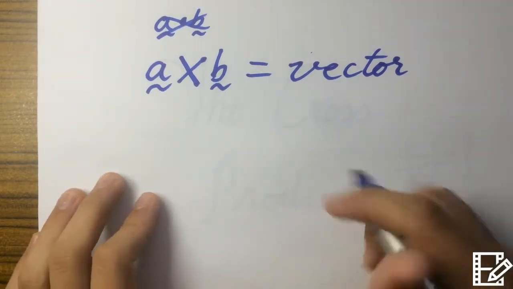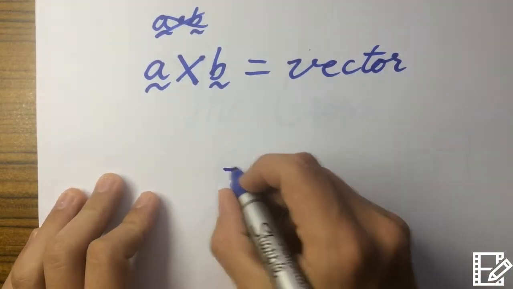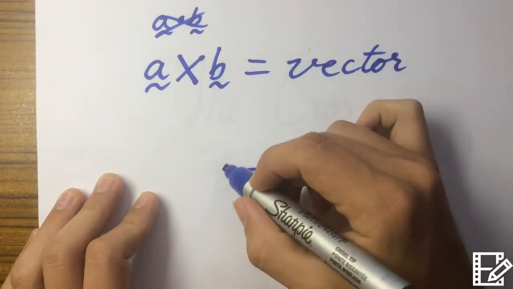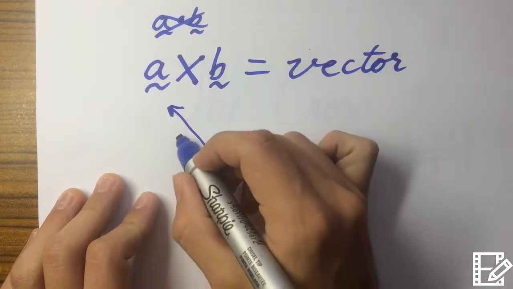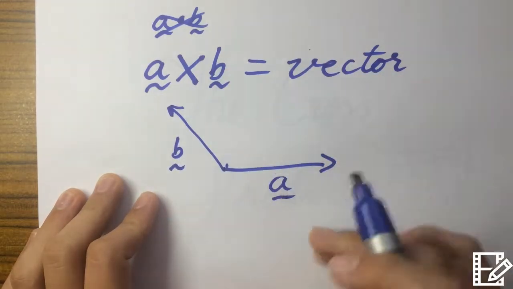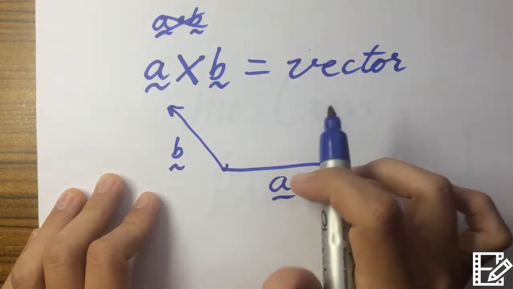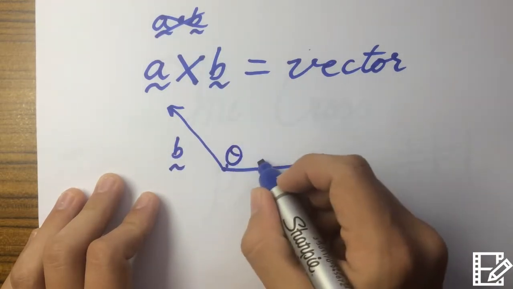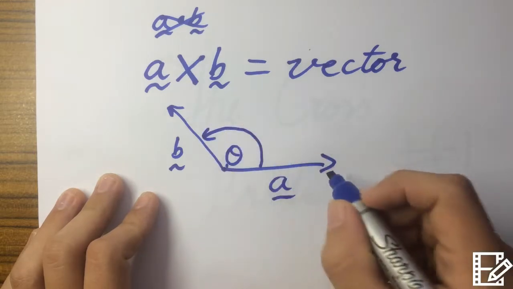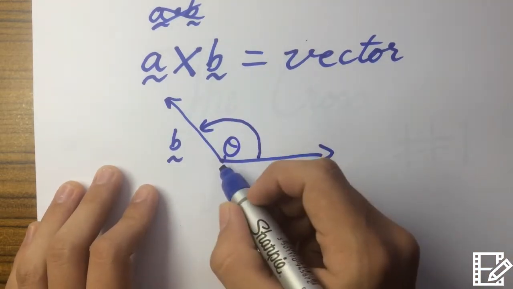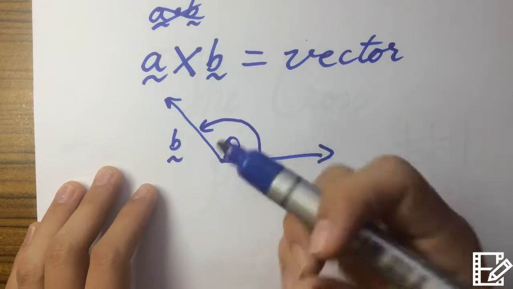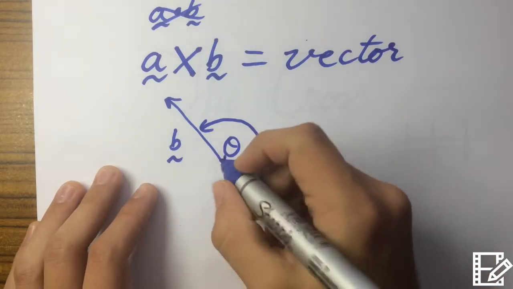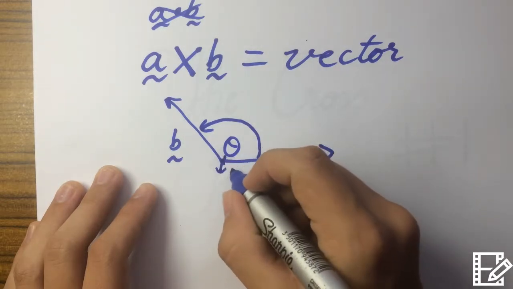Okay? Now, I'll show you. You have an arrow, say this is vector A, and here you have another arrow, say that's vector B, and you're going from A to B, A cross B, which is this direction. That means you'll have another vector coming out, coming up, so out of the page.